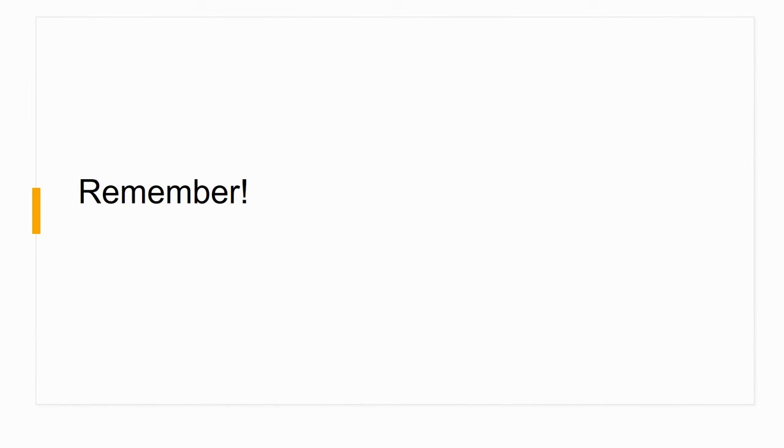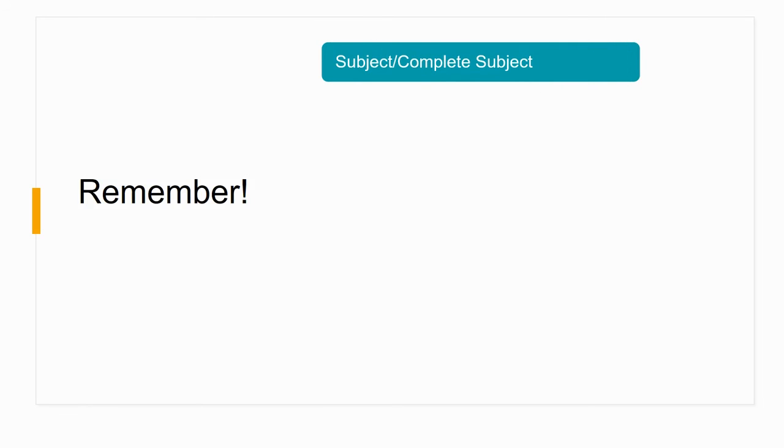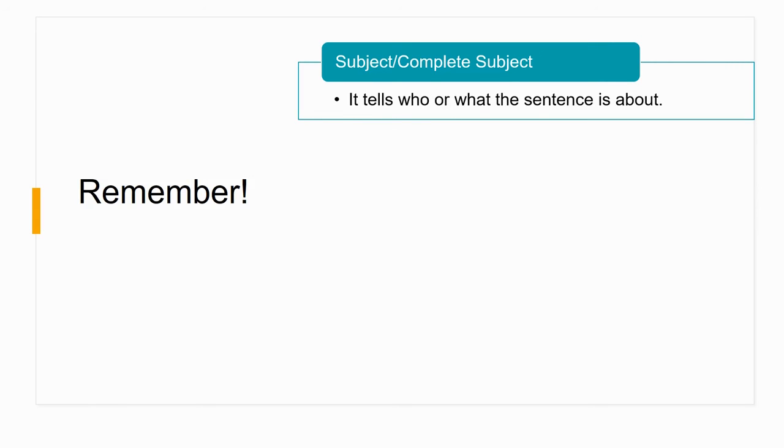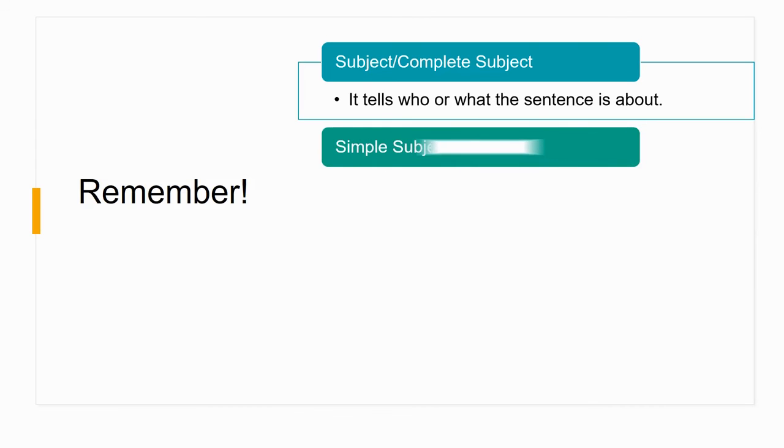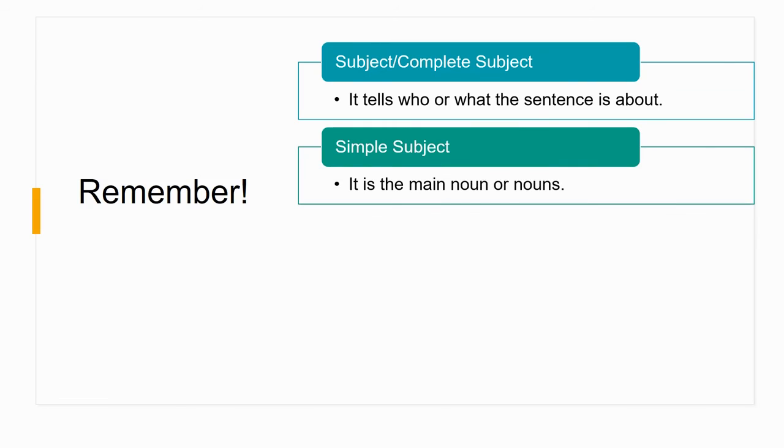As we bring our review lesson to a close, I need you to remember these 4 points. Number 1, the subject part is also known as the complete subject. It tells who or what the sentence is about. The simple subject, it is the main noun or nouns in the sentence.